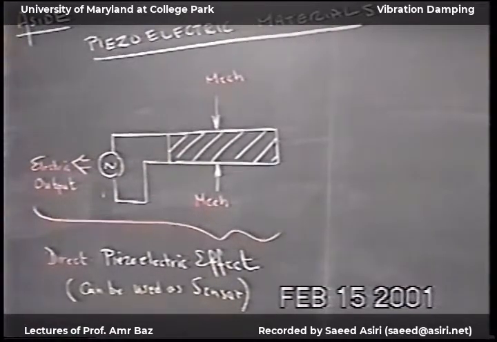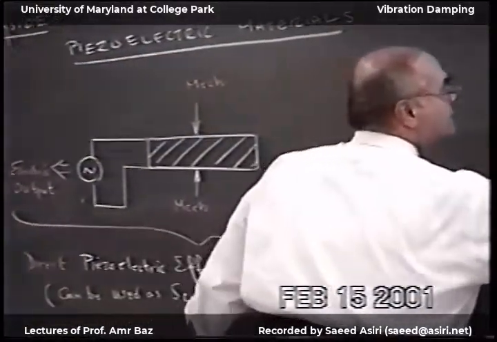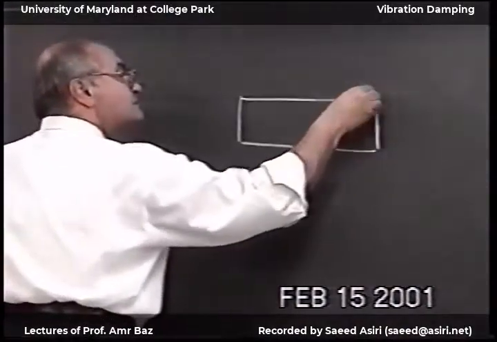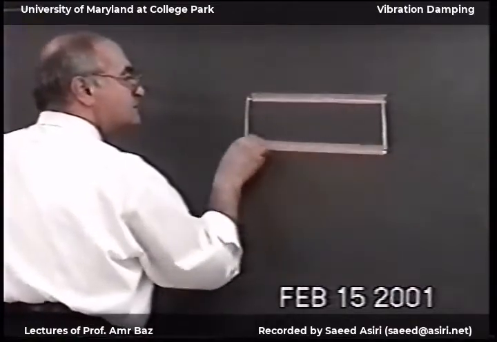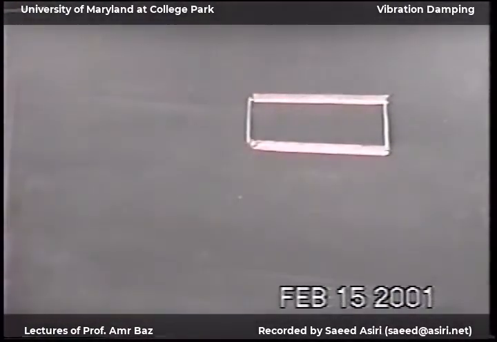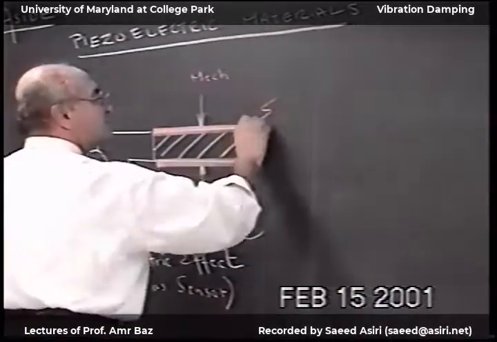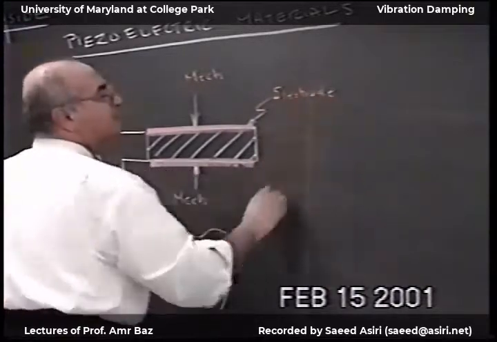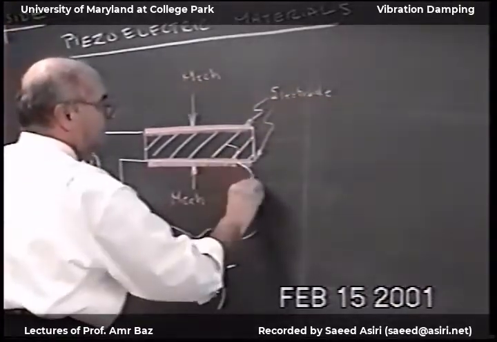Okay. And then the second part here, if we take this material, and then we have here electrode, and of course here also we have electrode. And this is the piezo material.